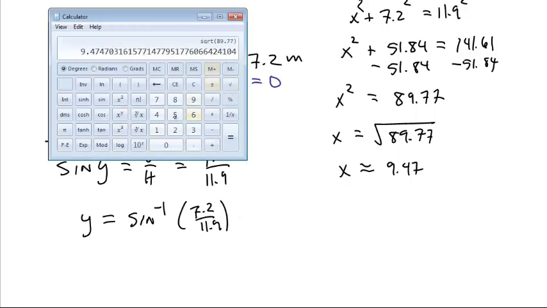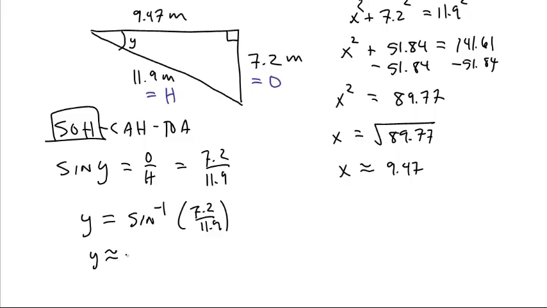Plug this into a calculator. 7.2 divided by 11.9 is, and then we go inverse sine, 37.23. Y is approximately 37.23 degrees.